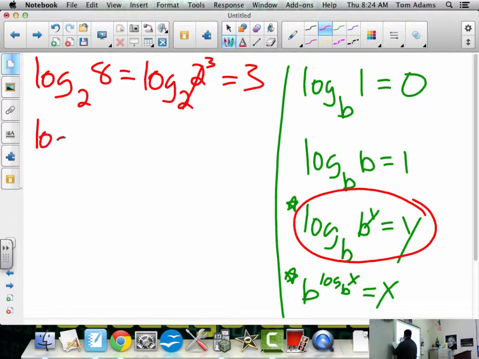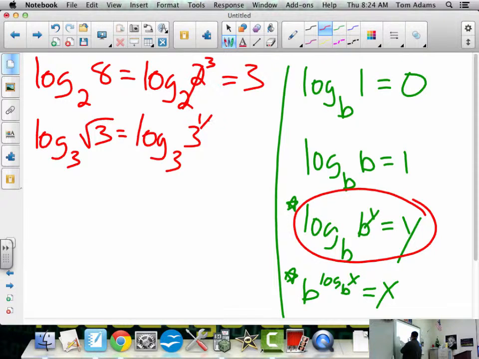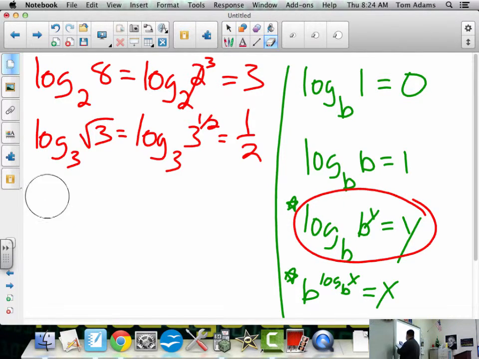So let's do the next one. These are just the same examples from example 1. I could rewrite that as log base 3 raised to the 1/2. What's the answer? 1/2. If I say, oh wait, this isn't a log, this is an exponential. Ready?